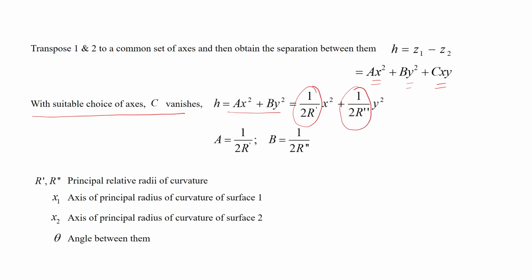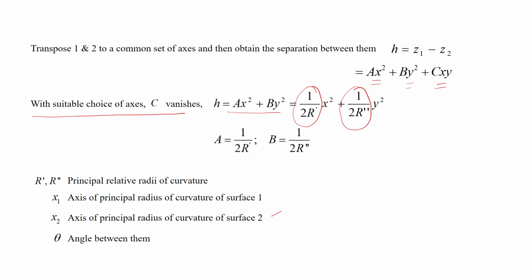So, what are these quantities? These are called r dash and r double dash, the principal relative radii of curvature. So, the x1 axis is the principal radius of curvature of surface 1 and x2 is the principal radius of curvature of surface 2, like that.